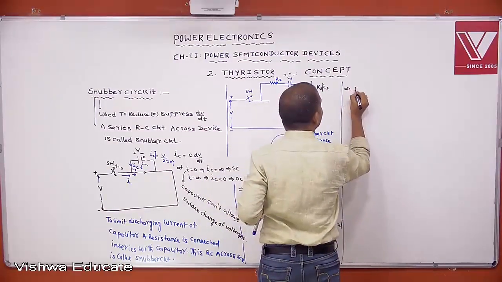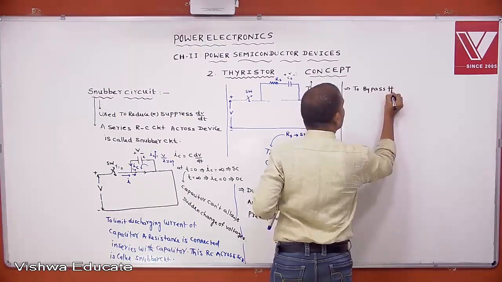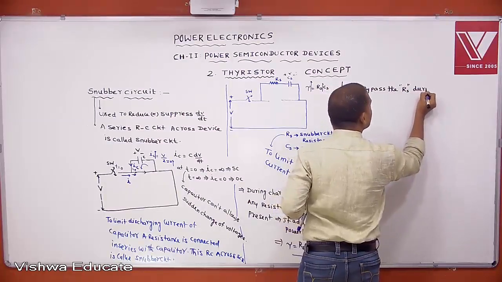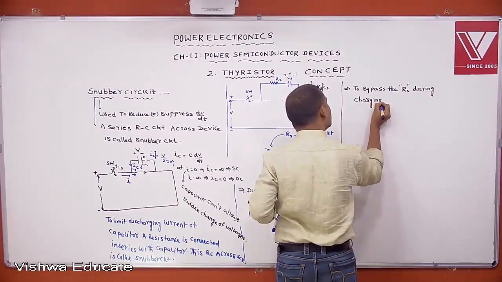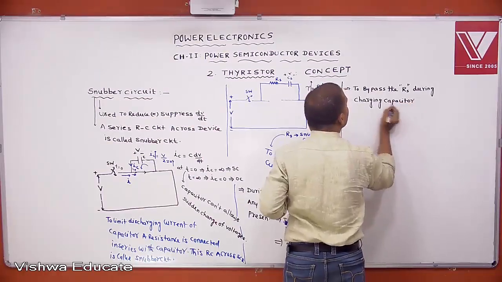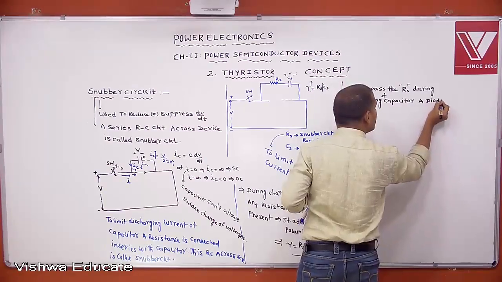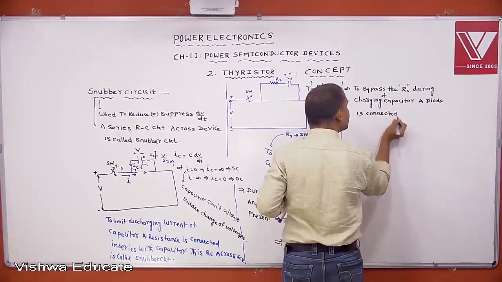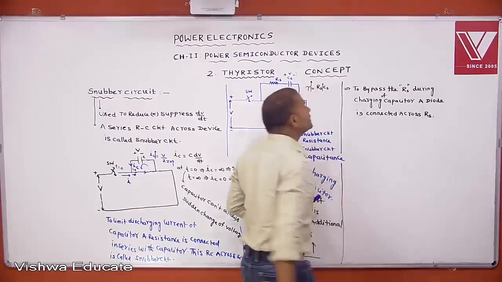To bypass the RS during charging of the capacitor, a diode is connected across RS.